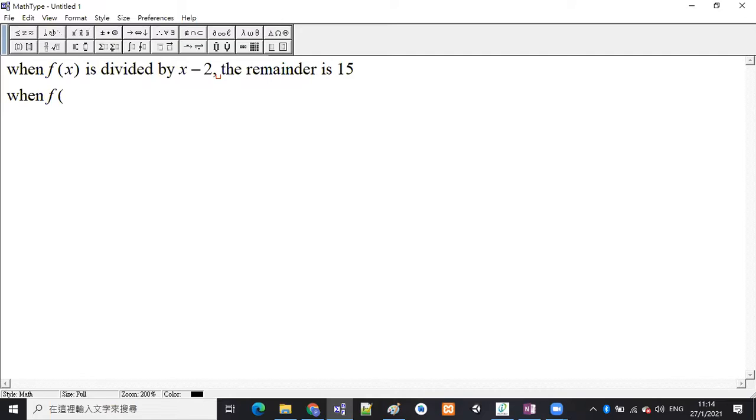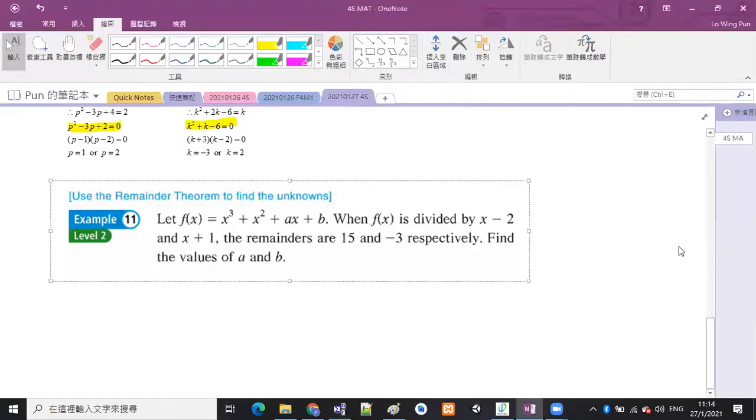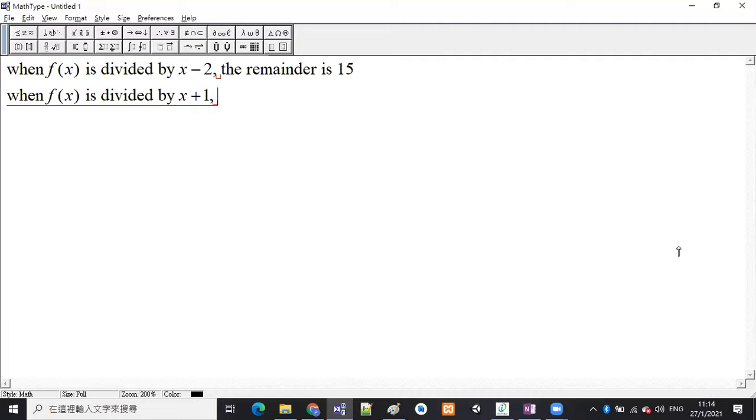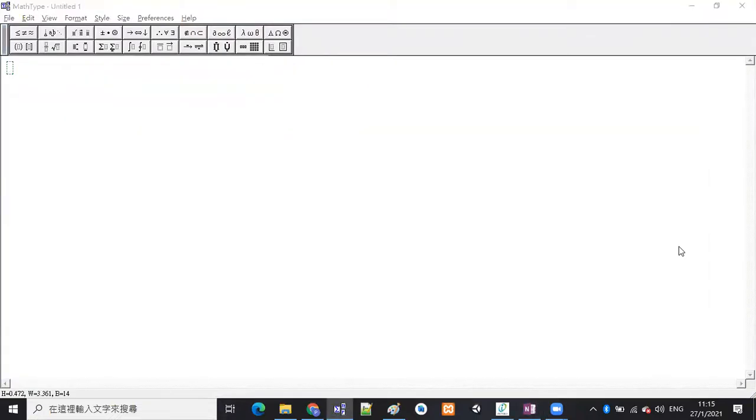When f(x) is divided by x minus 2, the remainder is 15. That is the first sentence. Then the second: when f(x) is divided by x plus 1, the remainder is -3. Okay, can you get this?